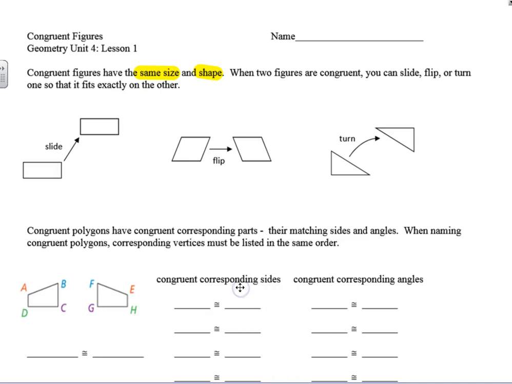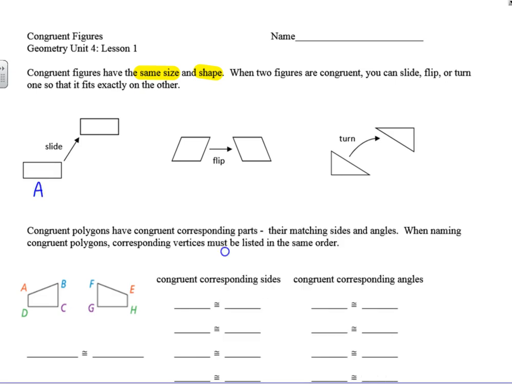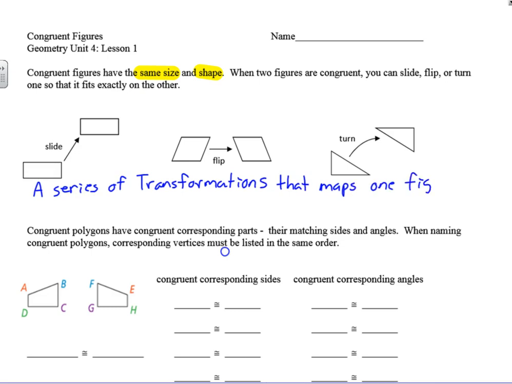other one. I'm going to give you a little more technical definition. For congruent figures, there is a series of transformations. A transformation is a slide, a flip, a turn that maps one figure directly onto the other.